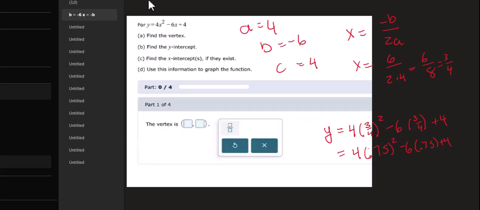Remember, if it's negative and you raise it to a power, put it in parentheses.